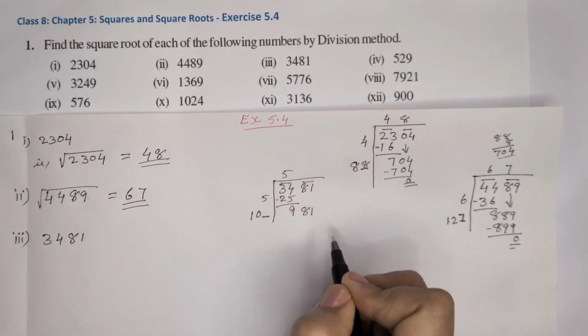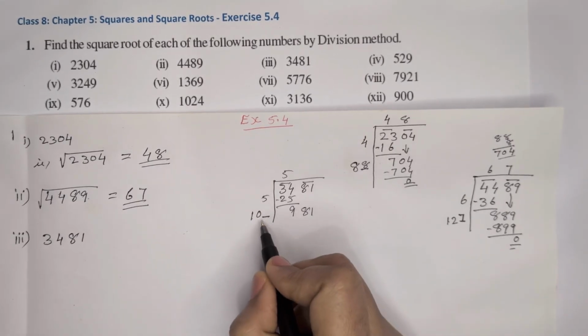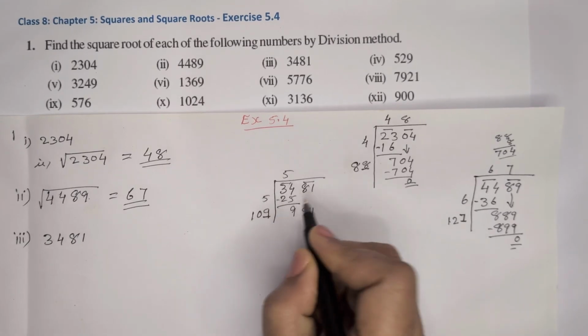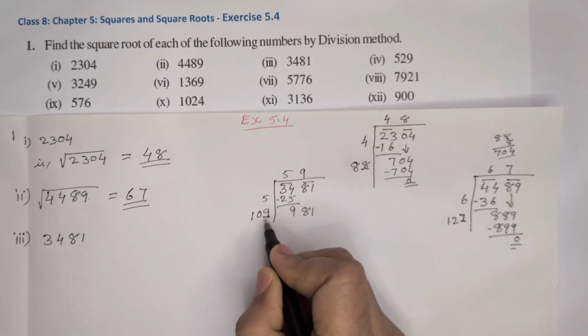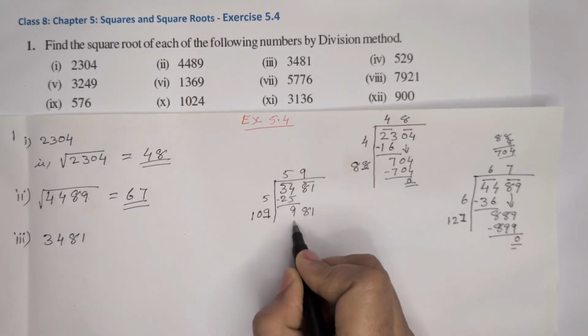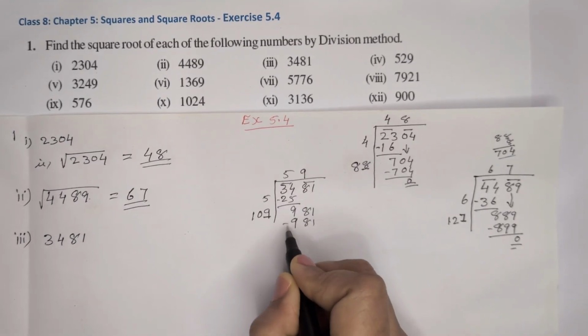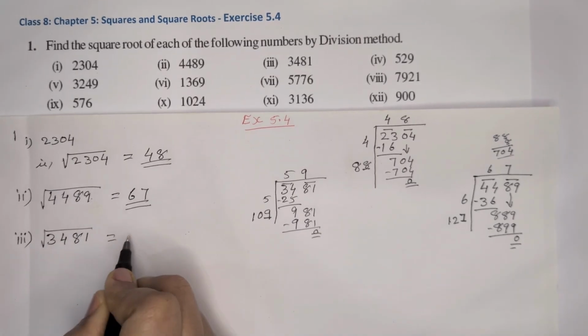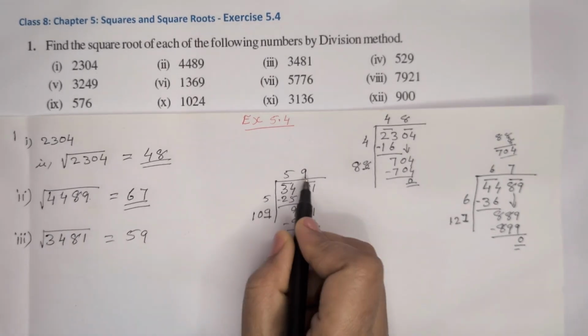And here one digit we have to find such that that digit into this number is equal to 981. So 9. When we are multiplying 109 by 9, we will get 981. That means the square root of this number is equal to 59.